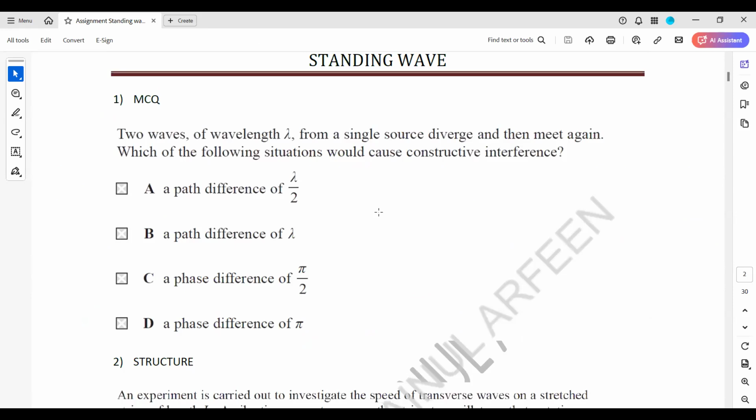Standing waves: two waves of wavelength lambda from a single source diverge and then meet again. Which of the following situations could cause a constructive interference?